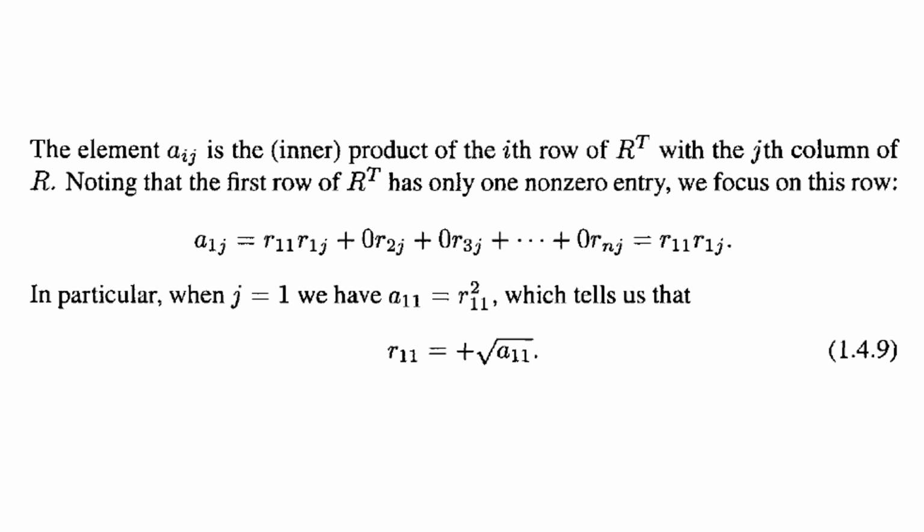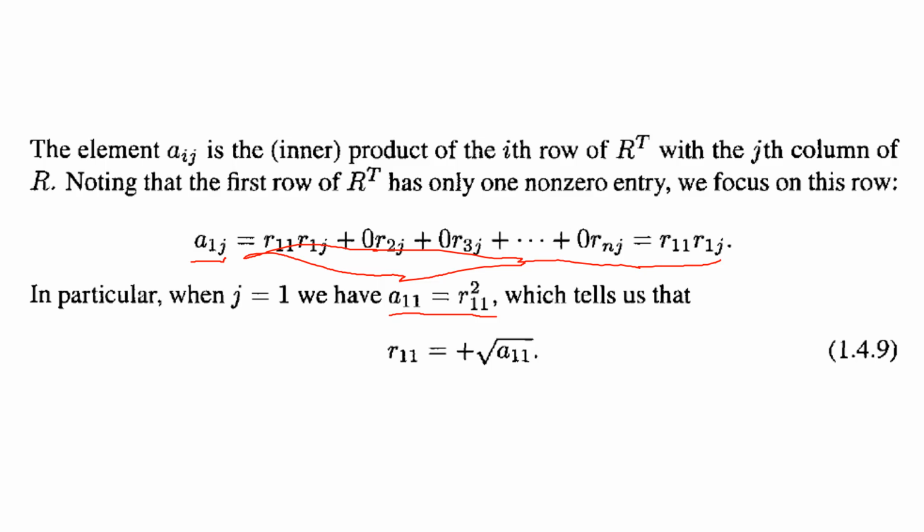If we make a relation of the corresponding entries, we will see that A1j is equal to the sum of these products. In particular, when j is equal to 1, we have A11 equal to R11 squared, which is the first entry.